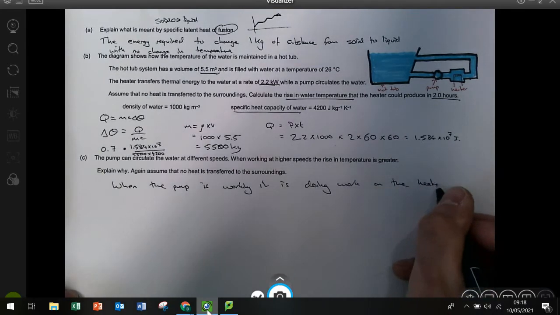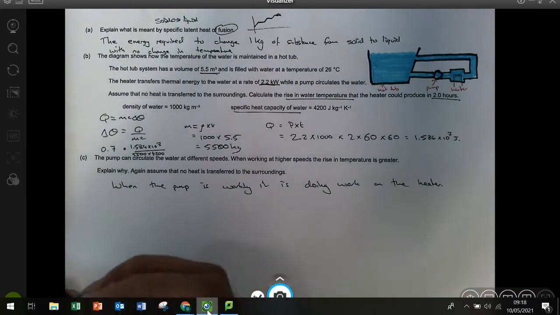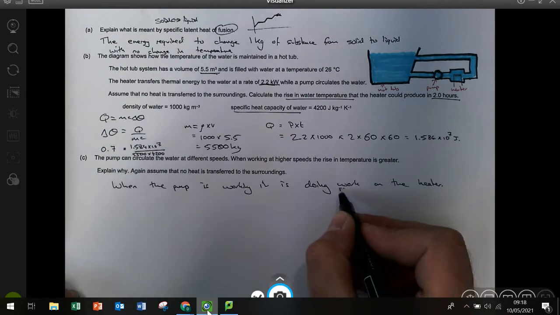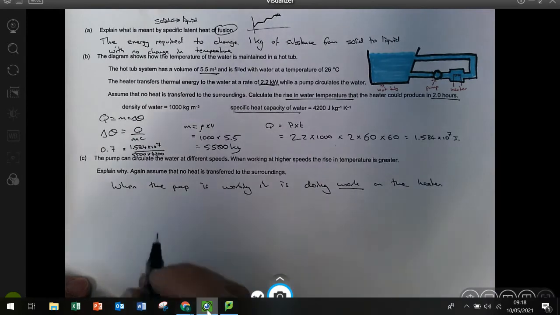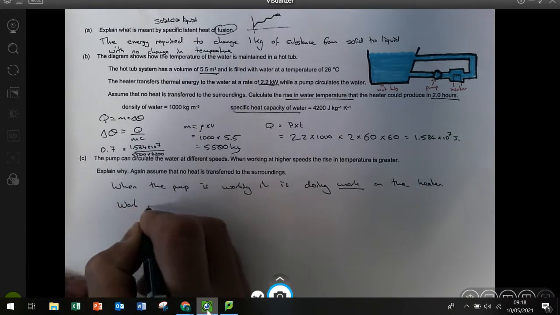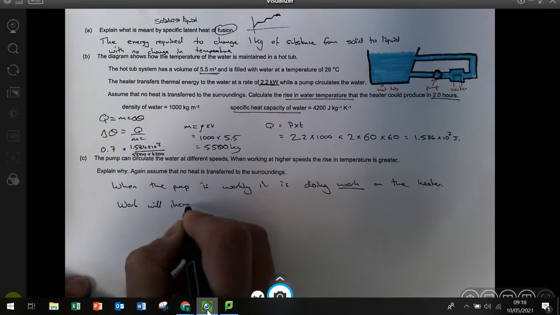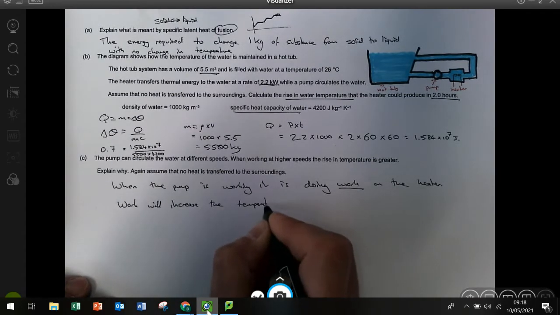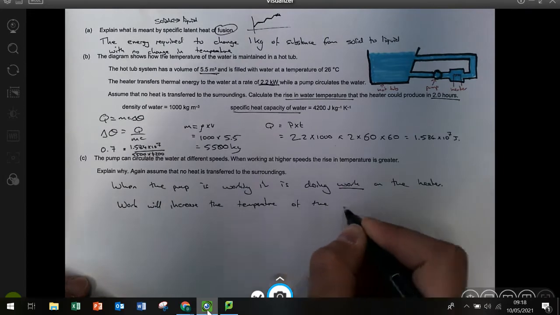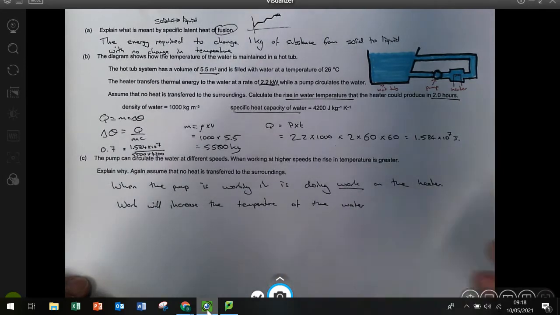So when we do work on something, we can increase its temperature. So work will increase the temperature of the water even further.